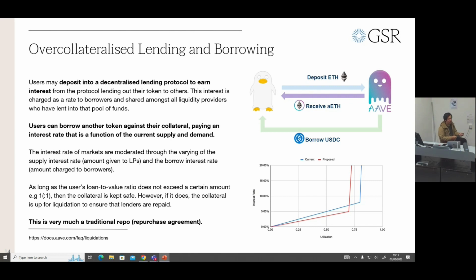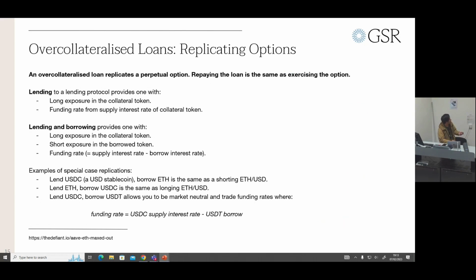And so you can see here that it emulates a traditional repo, or repurchase agreement, if you guys have heard of that terminology in traditional finance. Now, what can be exciting is that it also replicates, say, a perpetual option, and there are a lot of strategies that can come after that.